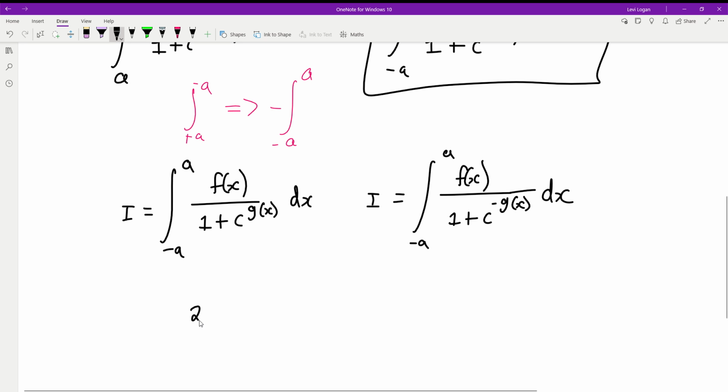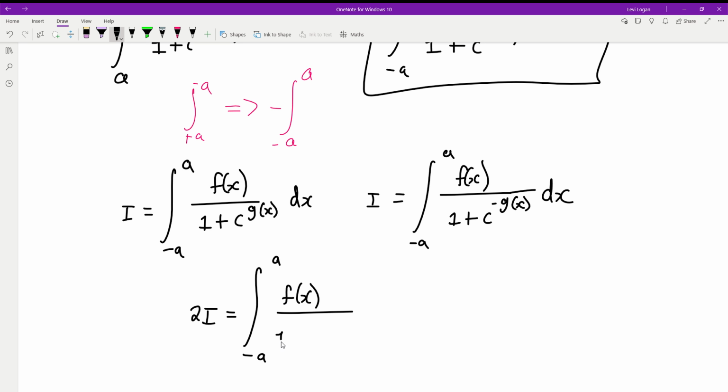So we'll have 2I is equal to, and since they've got the same bounds, we can put them in the same integral, from -a to a of f of x over 1 plus c to the g of x, plus f of x over 1 plus c to the -g of x.